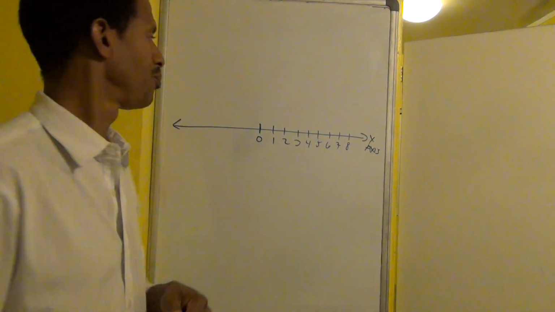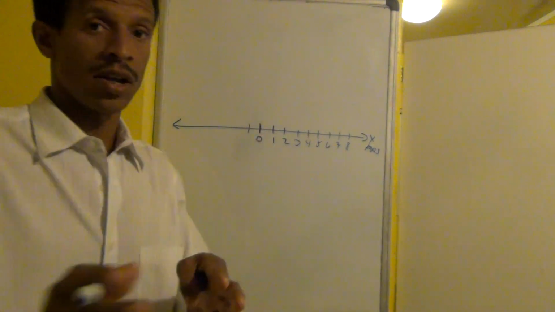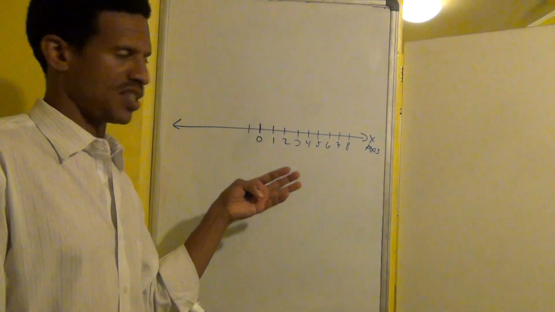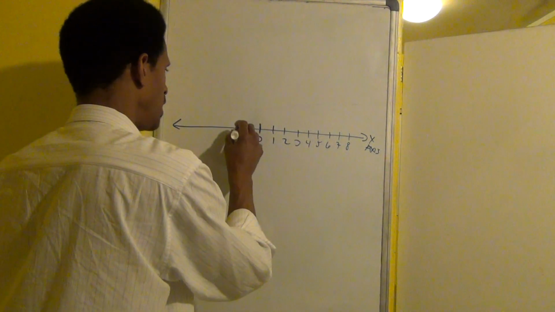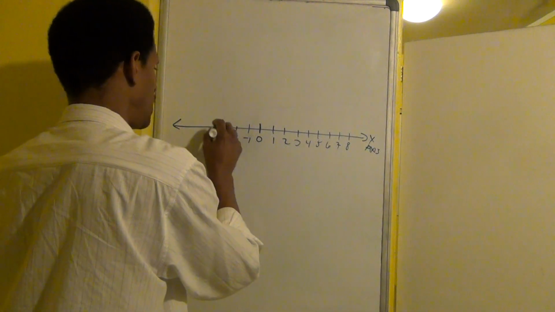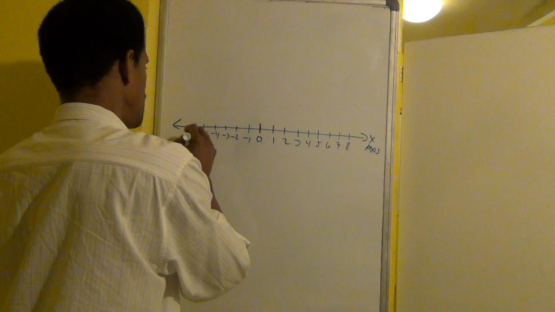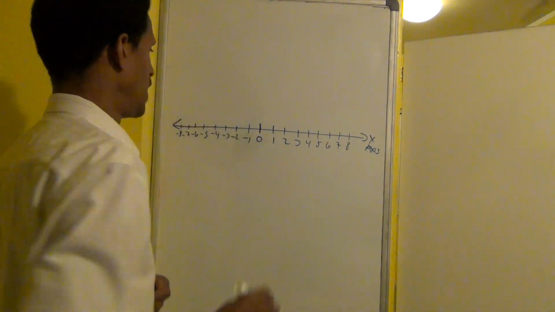We're going to stop at 8. And we'll go over here, just like on the number line you've been using for working with integers: -1, -2, -3, -4, -5, -6, -7, and -8.